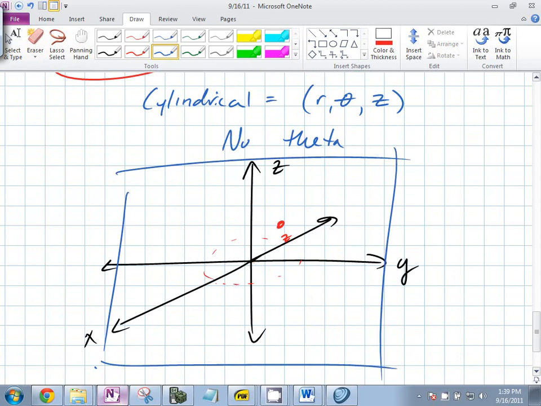As r gets bigger, r is the y-axis. What happens to the height? Every time you go over 1, it goes 1, 1, 1, 2, 4, 3, 9, right? So what kind of curve is this going to look like? A parabola. And because it doesn't matter what the theta value is, what do you do with this parabola? Spin it around.